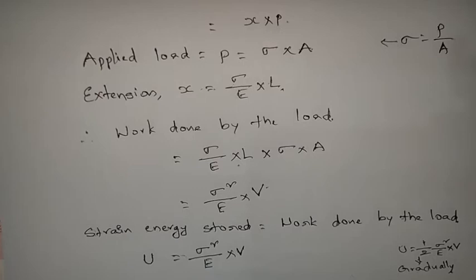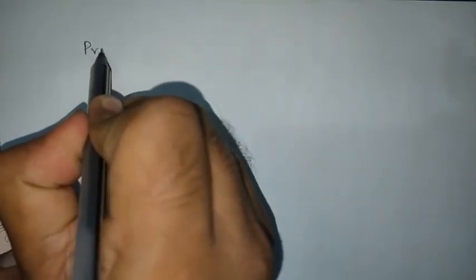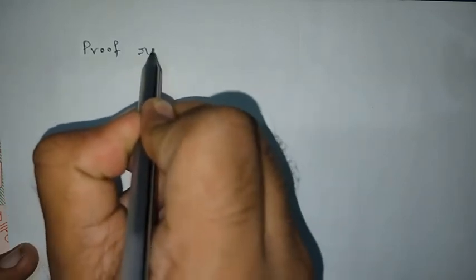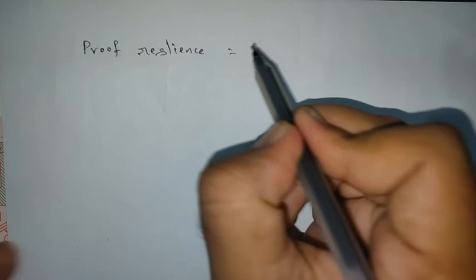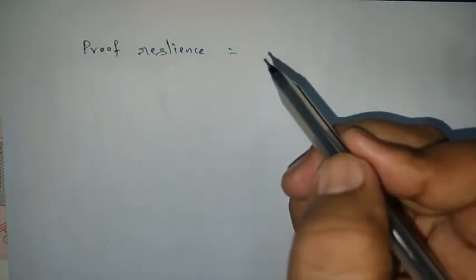Now let us find the remaining two terms, proof resilience and modulus of resilience. Proof resilience is the same thing as we wrote for the gradually applied load.